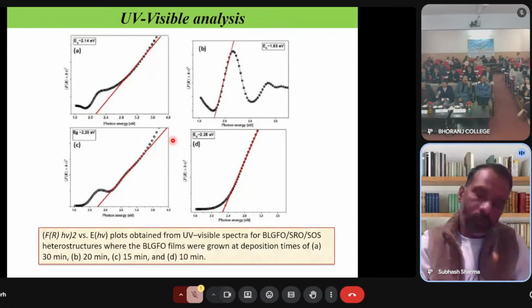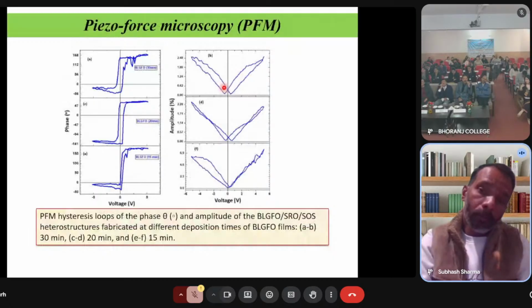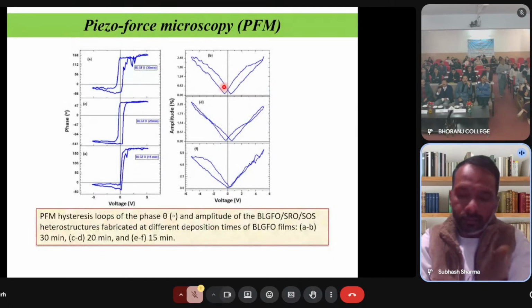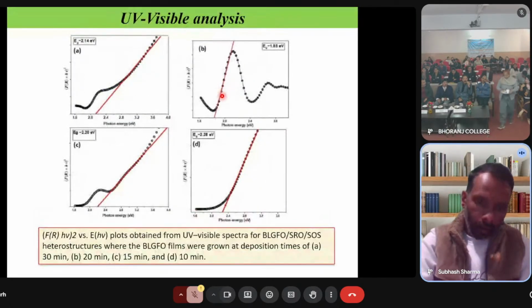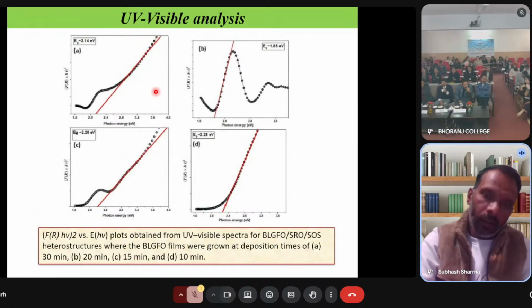From this process you can also calculate the piezoelectric coefficient. And then by using UV-visible measurement, ultraviolet-visible measurement, you can calculate your band gap, because in optics or solar cells, the band gap is very important, right?